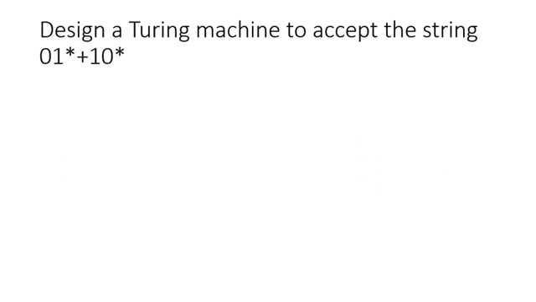So let us design a Turing machine that accepts the language 01* + 10*. So that means you will be having a language that starts with 0 followed by 1s, or it will start with 1 that is followed by 0s.